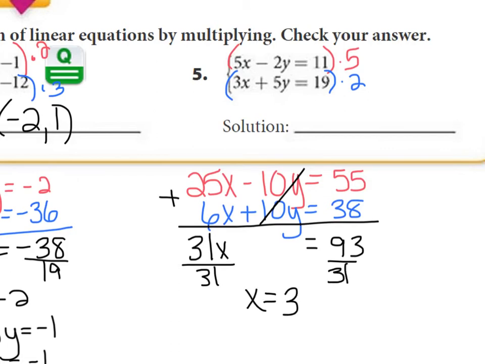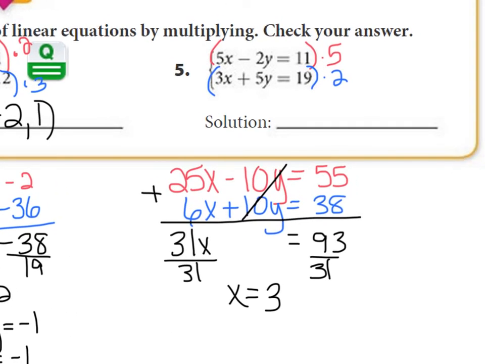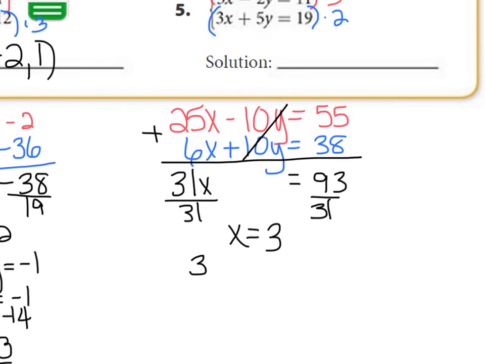You then should have put that back into either equation for x or y. I'm going to recommend the bottom one since it's all positive. If you didn't choose the bottom one, that's fine. So 3 times x, which means 3 times 3, plus 5y equals 19. 3 times 3 turns into a 9.